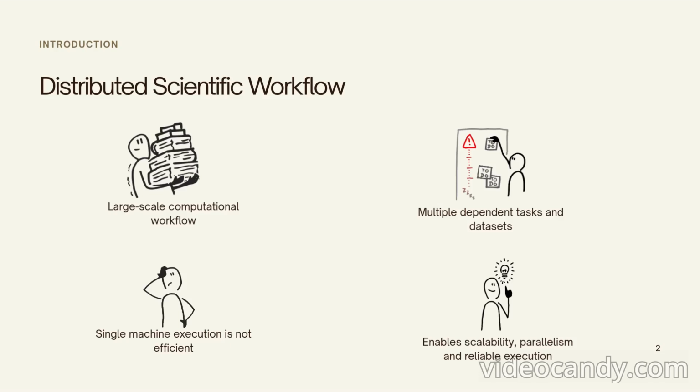Distributed systems provide a solution by enabling tasks to be executed in parallel across multiple computing nodes, improving performance, scalability, and reliability. This project explores how a distributed platform can be designed and used to support such scientific workflows effectively.